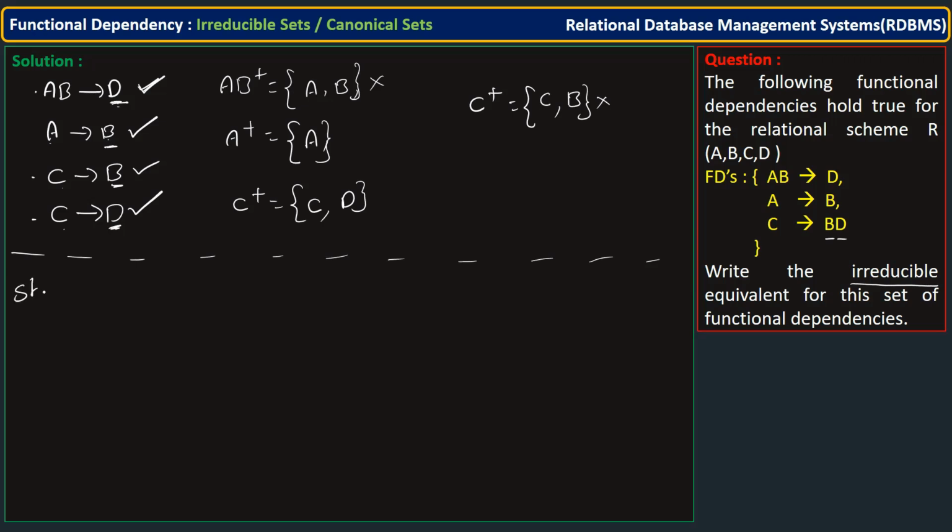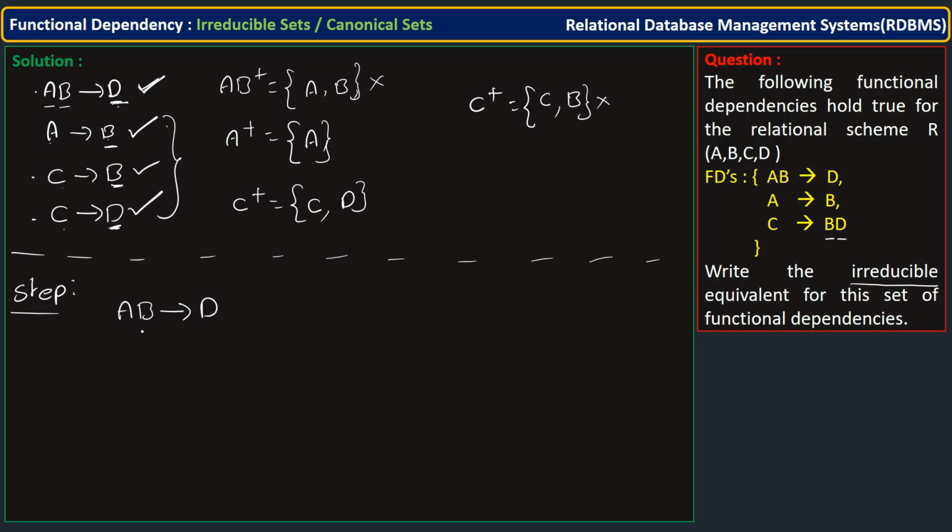Now in step three, observe the LHS. Anywhere you have more than one attribute, consider that FD. For these three you have only one attribute, but for this FD we have two attributes, so let us take that one first. AB derives D, and we already concluded all of them are essential, so let it be.